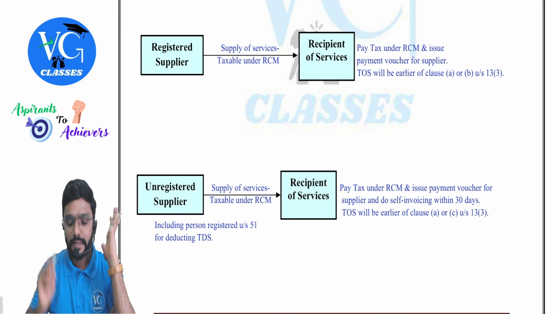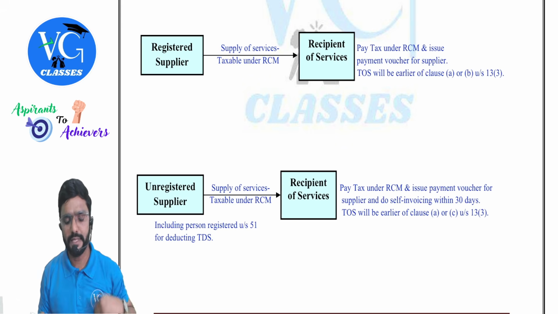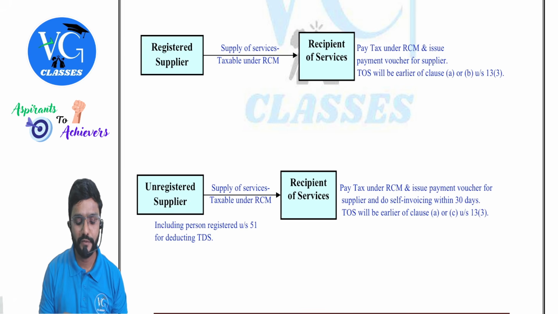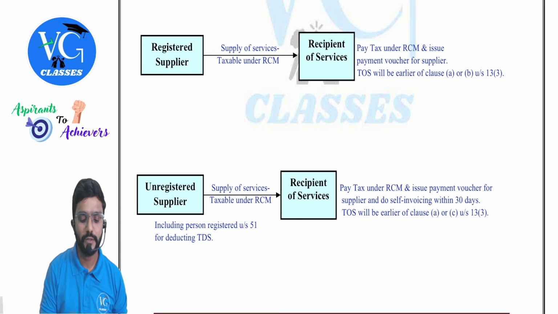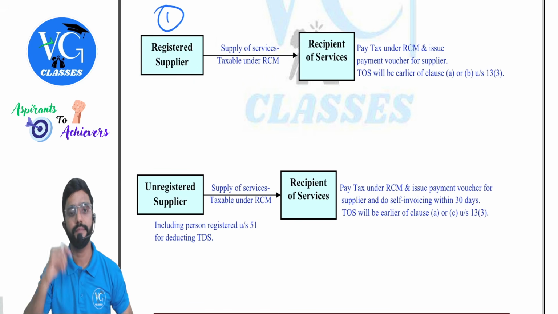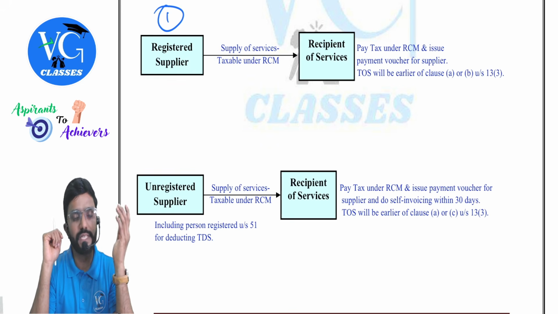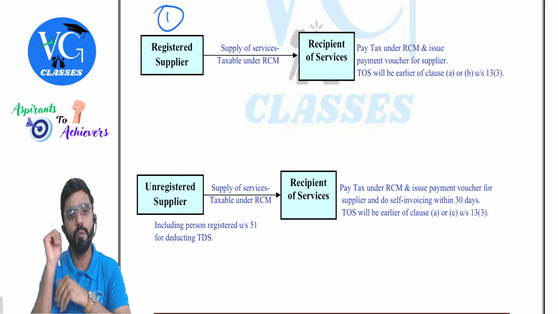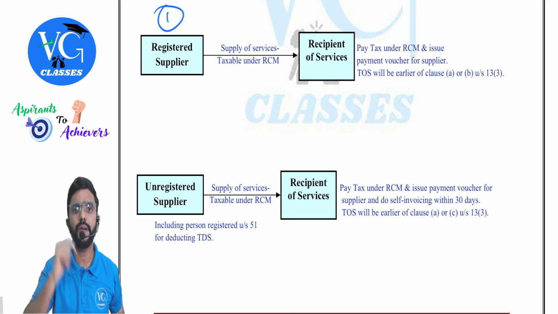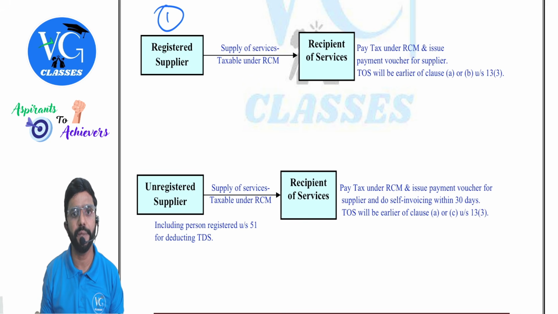There are two scenarios. Whenever RCM is applicable, let us see whether the supplier is registered or not. So, first case, the supplier is registered. A registered supplier supplying services which are taxable under RCM. Sir, even though the supplier is registered, still RCM will be applicable? Yes, it can be applicable as per section 9, subsection 3, if all the conditions are satisfied.